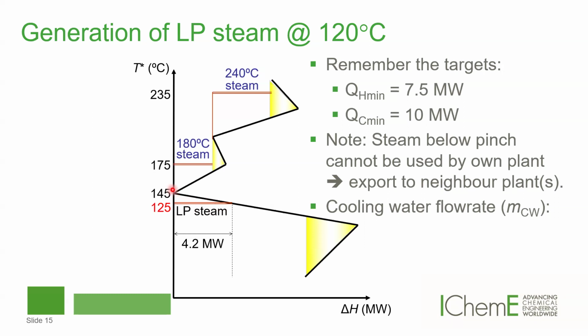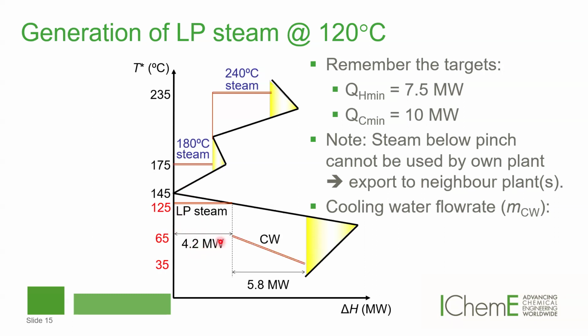So remember that for the region below the pinch, energy is removed by the cooling water if we're not using low pressure steam. But if we are generating low pressure steam, we can also utilize that. So we measure the horizontal distance, that is 4.2 megawatts.